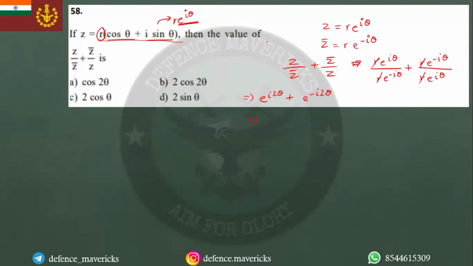So if we expand these two now, it will be cos 2 theta plus i sin 2 theta, and this will be cos of minus 2 theta plus i sin of minus 2 theta. The sin 2 theta terms cancel, because sin of minus 2 theta is minus sin 2 theta. So it will be 2 cos 2 theta.